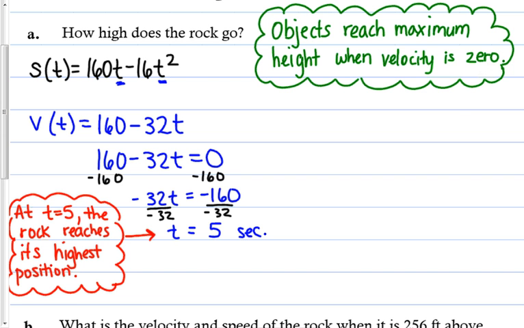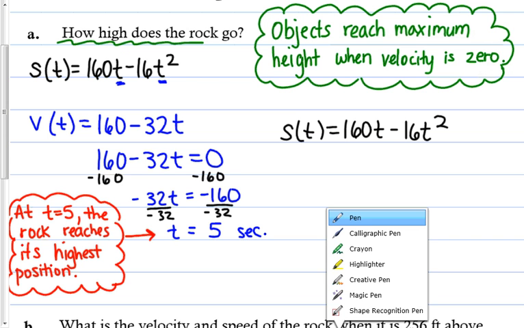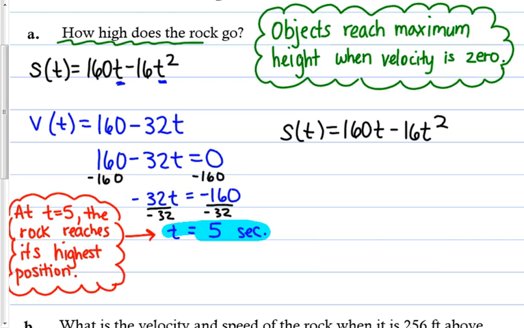Now I actually have to find where this position is. How high does the rock go? So I'm going to use the position function, s of t equals 160t minus 16t squared, and I'm going to plug in my 5 seconds. That should tell me the highest height that the rock reached.